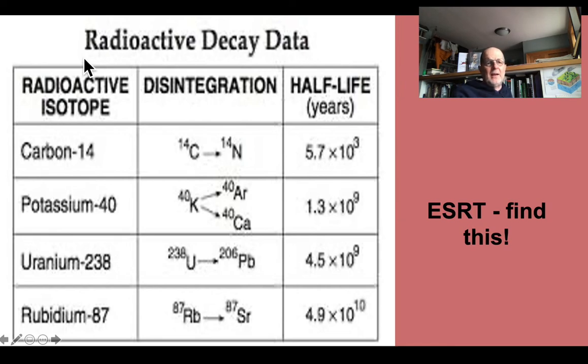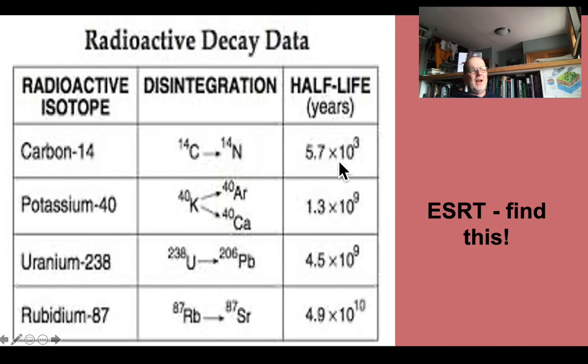So these are the radioactive isotopes that are used often in earth science. This is on the front page of the reference table, the top left. Carbon-14 is a very common radioactive isotope used for living things that were once alive, because there is an unstable isotope of carbon in all of us all the time that decays to a stable form of nitrogen.